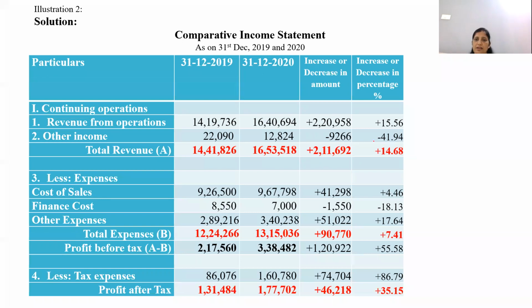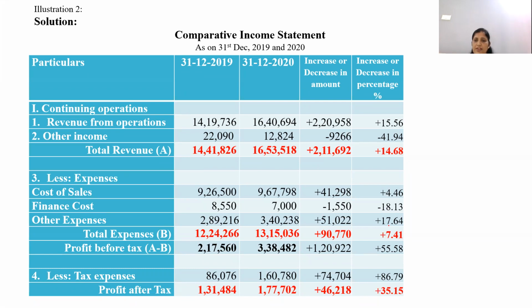Similarly, as this is minus, you will get minus 41.94%. Here you are getting 14.68%. Next, this is plus 4.46 percentage. As this is minus, you will get minus 18.13 percentage.